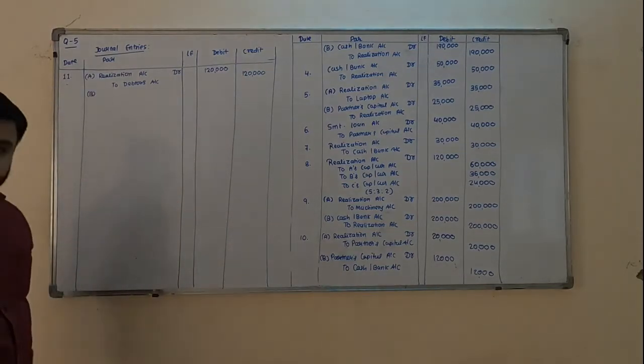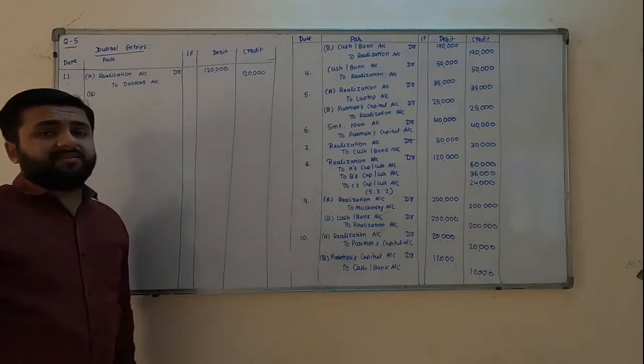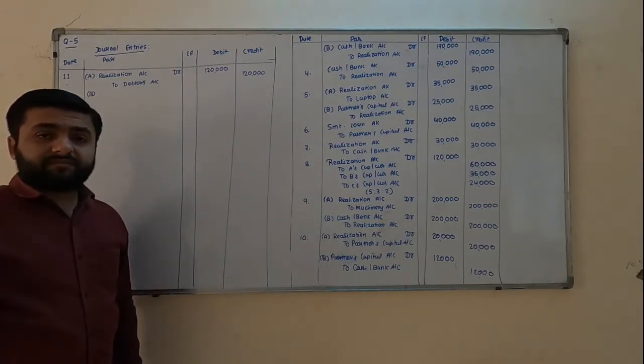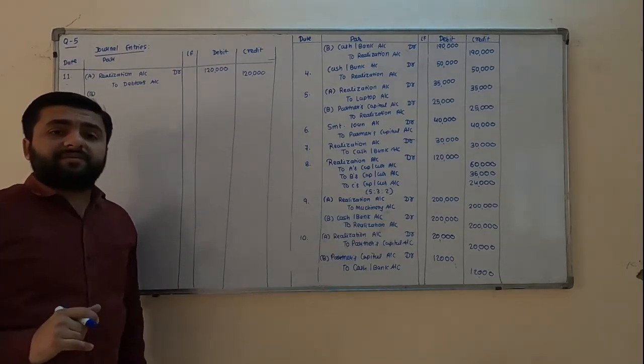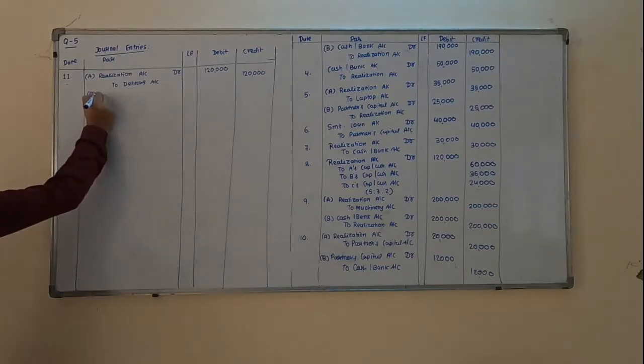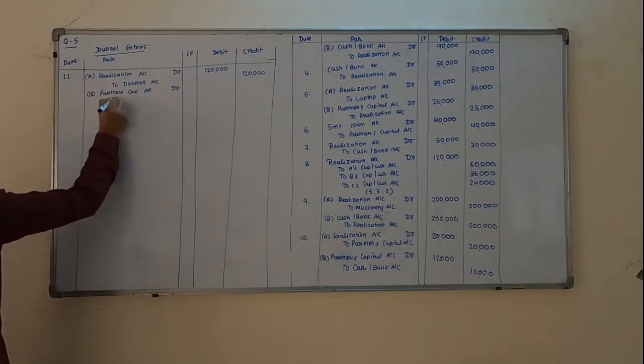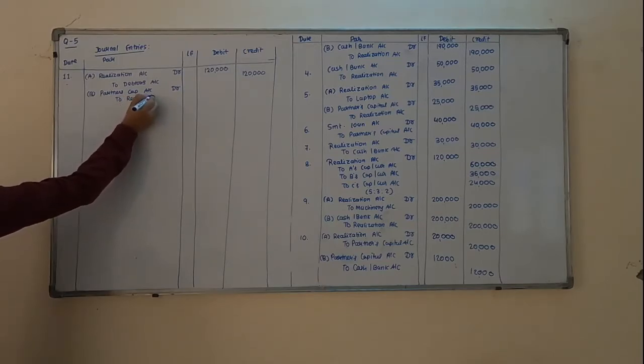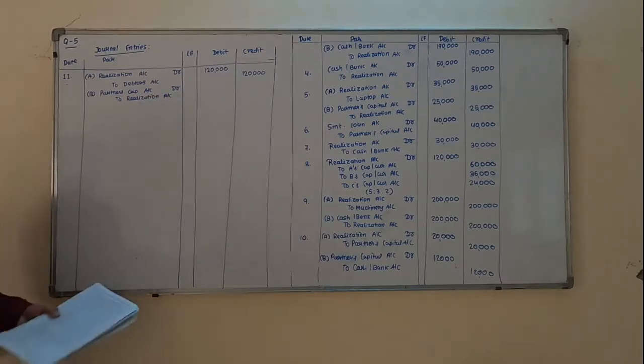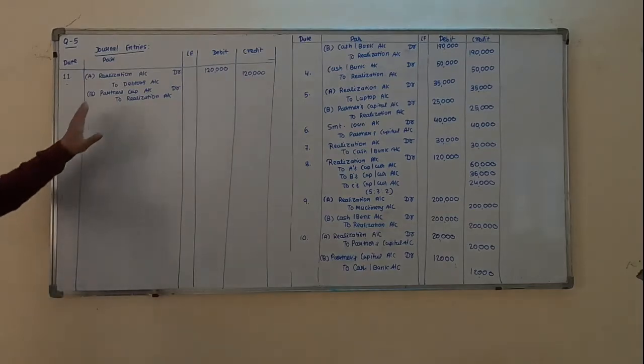Now the partner is taking over the debtors, so he will get the amount, so the partner will be debited. Partners capital account debit to realization account. So friends, always remember, if a partner is taking over an asset, the partner will be debited.